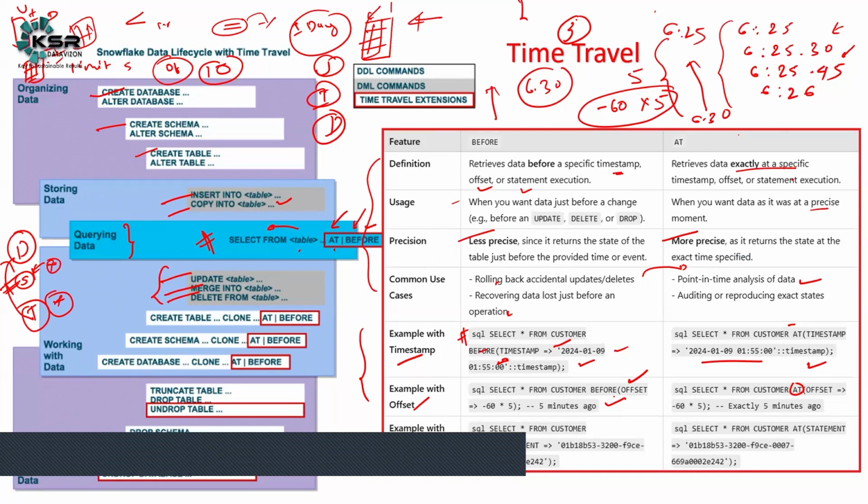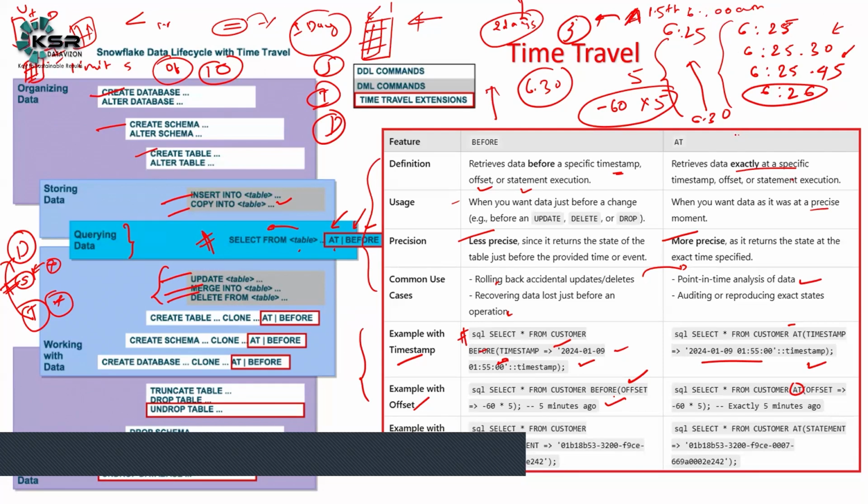See, you have done all these changes at 6:25, 6:27. Say you have a retention period of 2 days, and from April 15th, 6 a.m. to 6:26 you have done a lot of changes: insert, update, delete, everything.